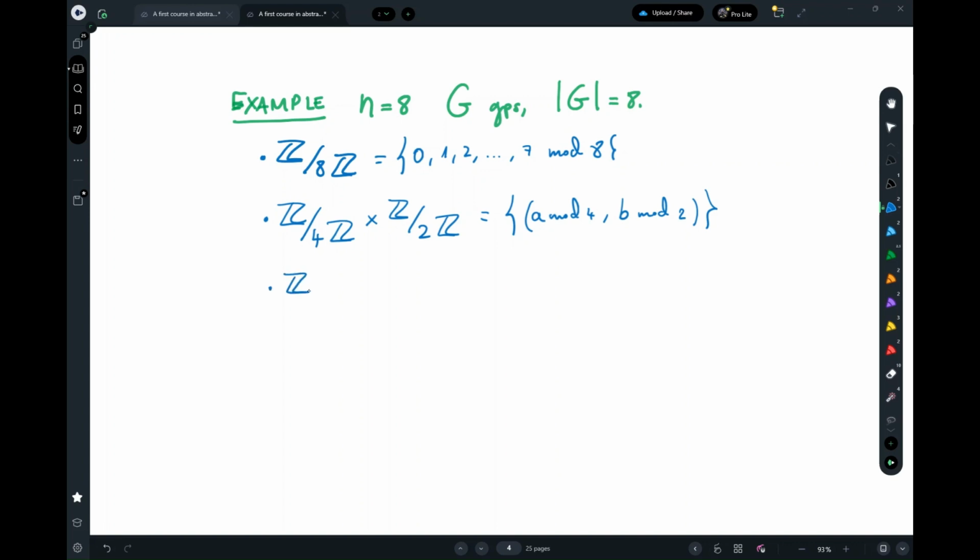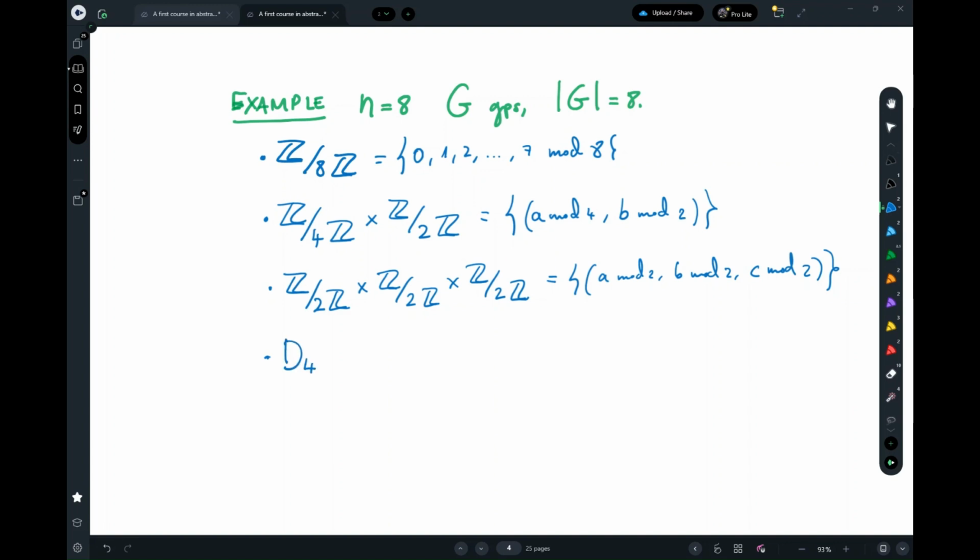Another type is Z modulo 2 cross Z modulo 2 cross Z modulo 2. Now this is triples of A modulo 2, B modulo 2, and C modulo 2. This direct product is also of order 8. Now, we've also seen the dihedral groups.